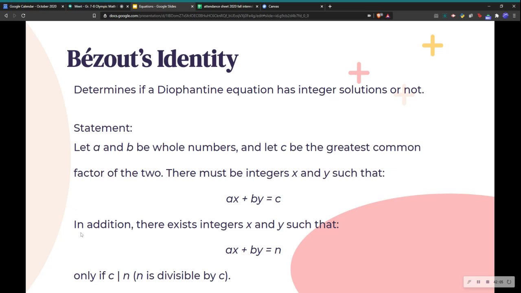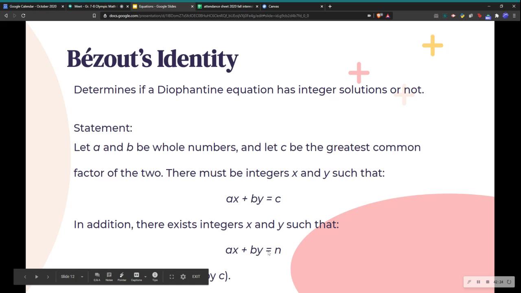And the second statement of the identity: in addition, there exist integers x and y. Let's assume these are completely different from the x and y over here. So there exist x and y such that ax plus by is equal to some integer n.